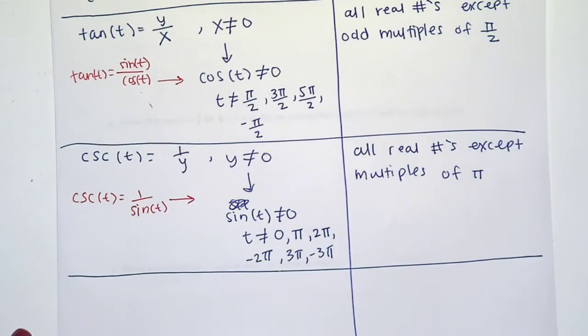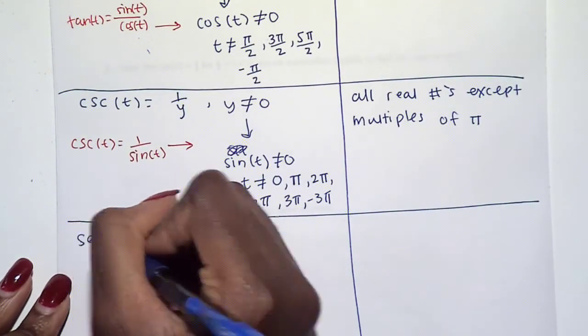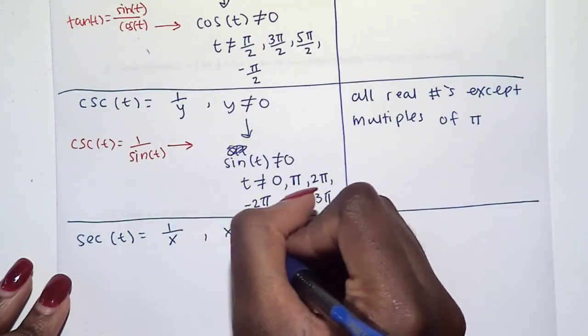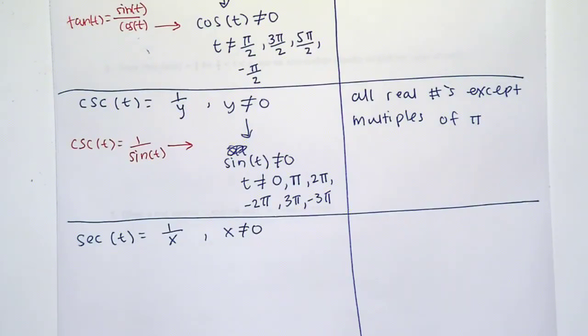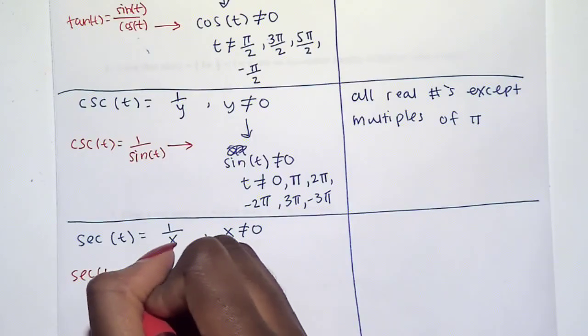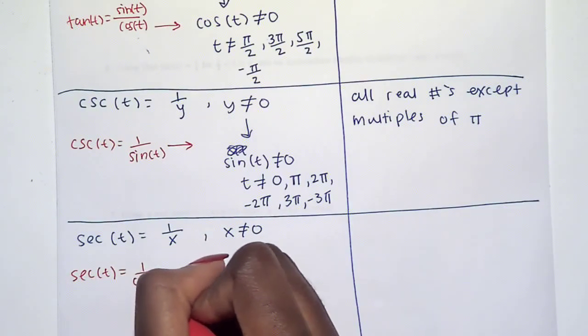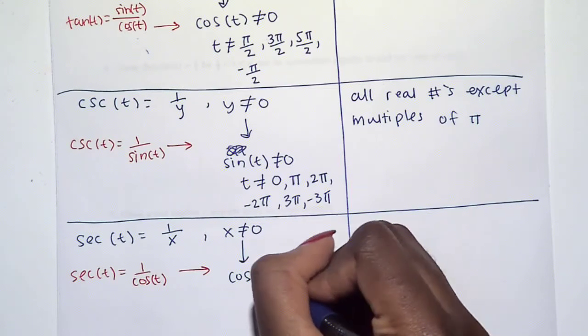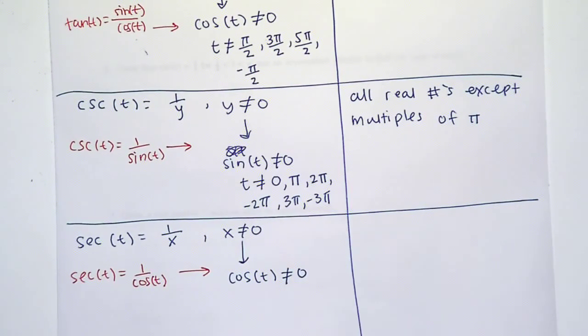Let's talk about secant. Secant of t, that's 1 over x. That means x cannot equal 0. Well, we remember that secant is actually 1 over cosine. So in order for secant of t to be defined, we need to find all the places where cosine of t does not equal 0.